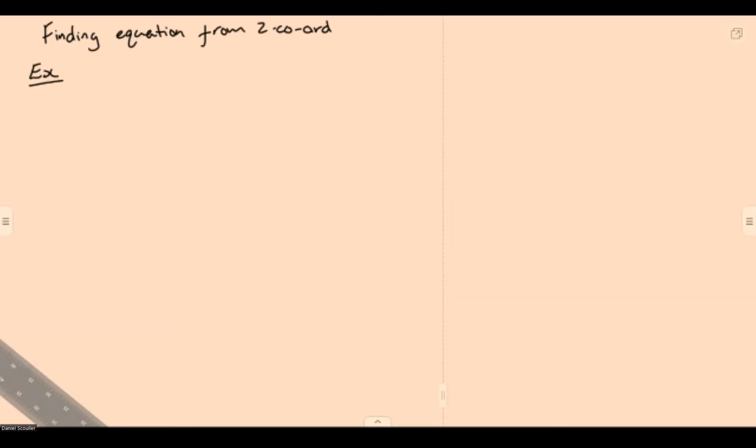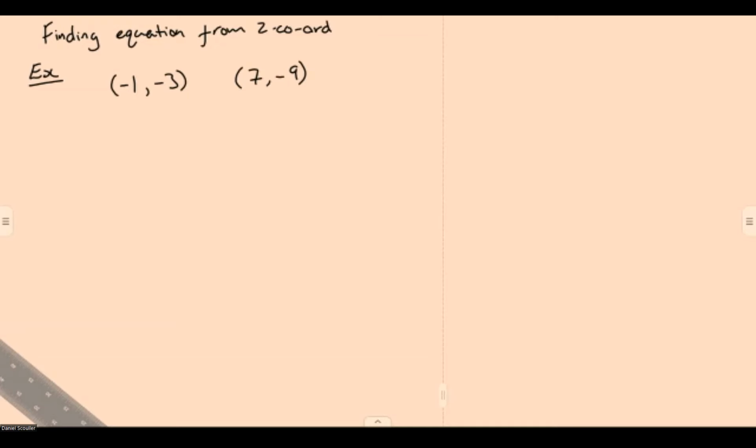We get given the points (-1, -3) and (7, -9). Right. Okay, that's our two points. So we're looking to find the equation from these two coordinate points.